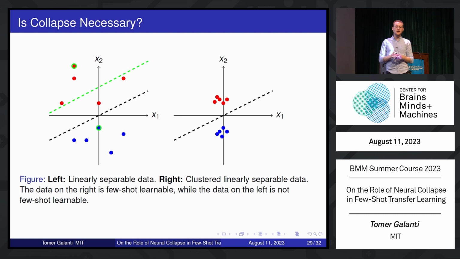So you mean what is the geometric structure of new classes compared to the source classes? Yeah, I actually don't know.